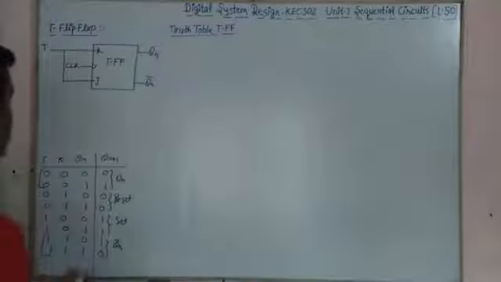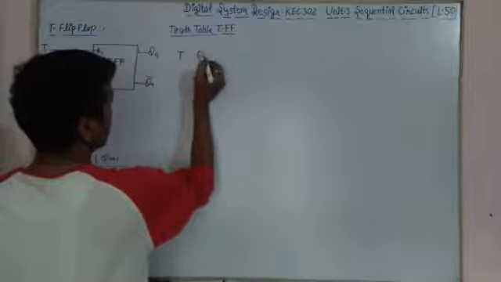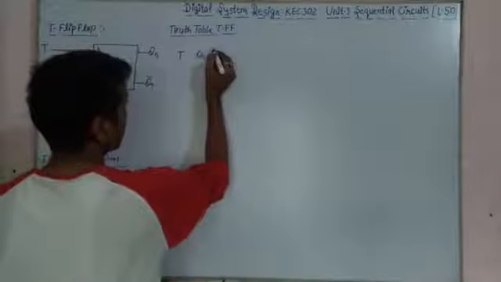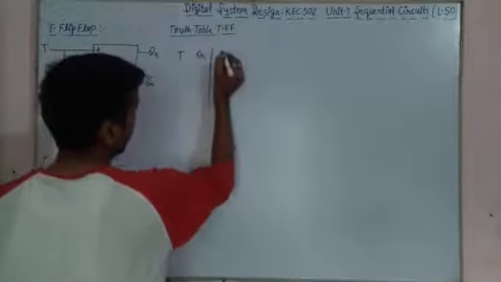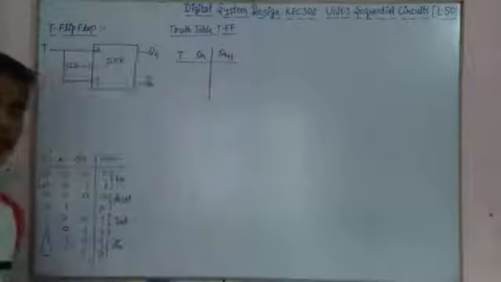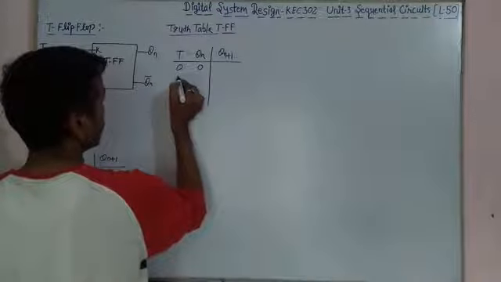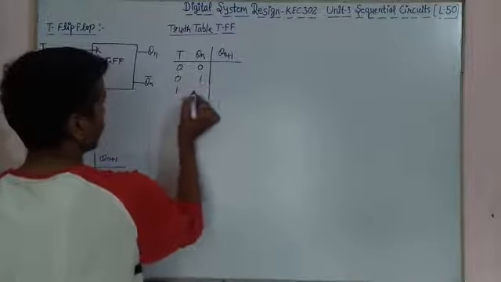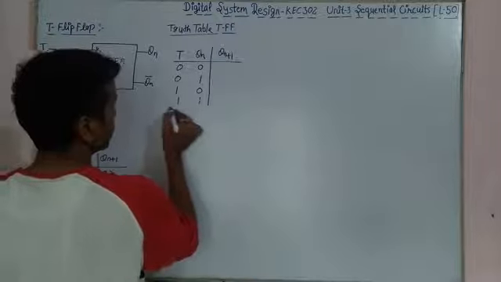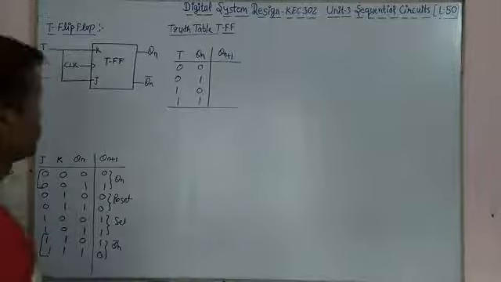You have input T, Qn, and Qn plus 1 as the output. With two variables you will have four combinations: 0 0, 0 1, 1 0, 1 1. Now check what the output will be.